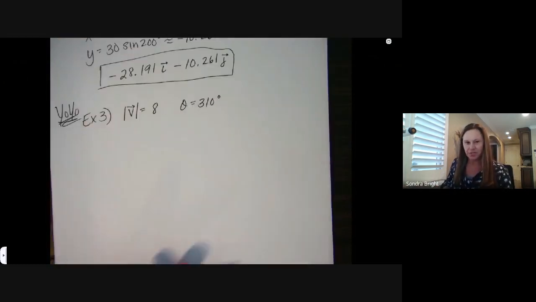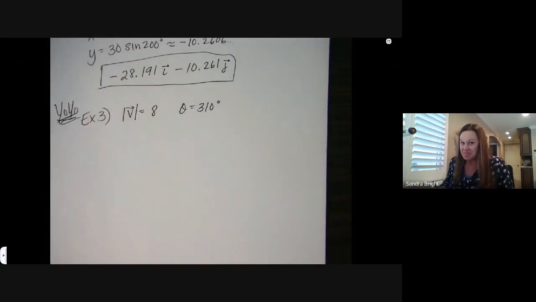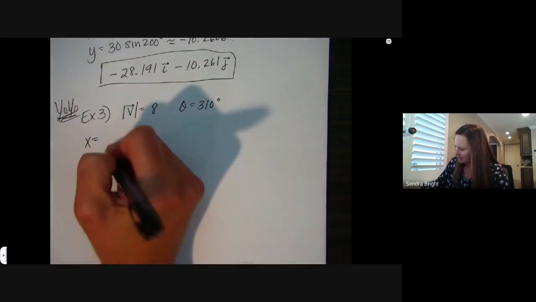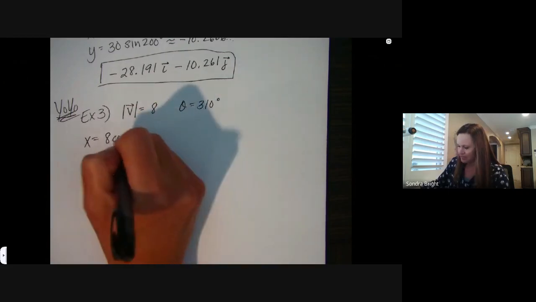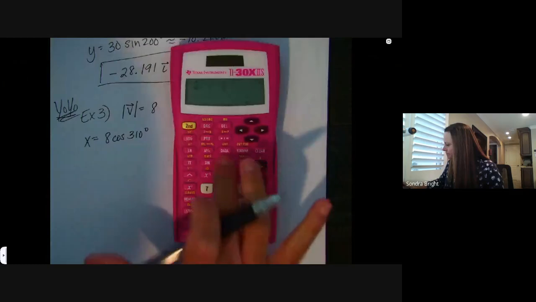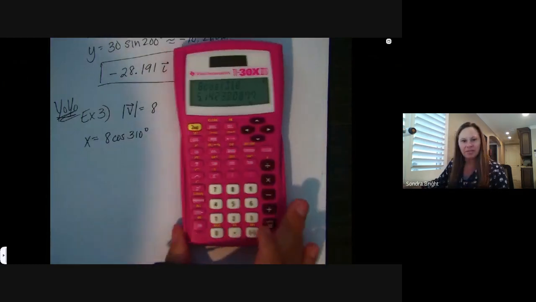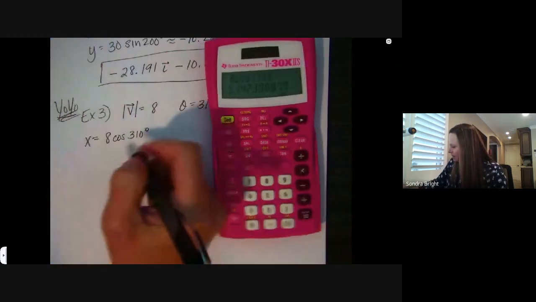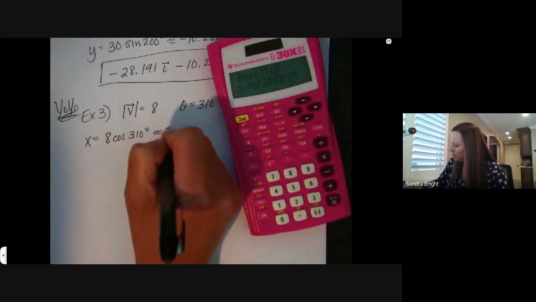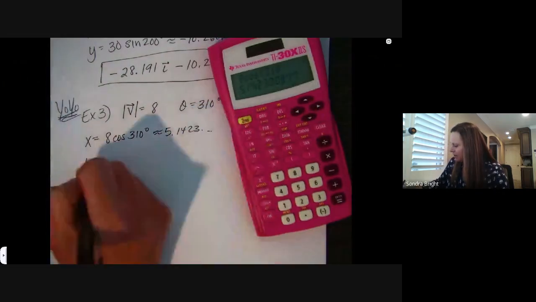All right, hopefully you have paused the video, done it, and let's see what we got. Your x is going to be 8 times cosine of 310 degrees, 5.1423. y will be 8 times sine of 310 degrees.